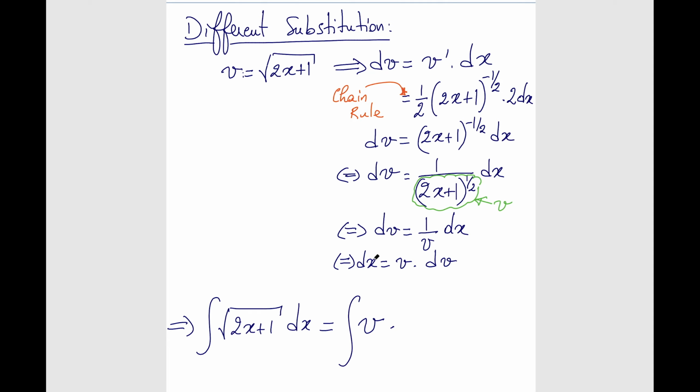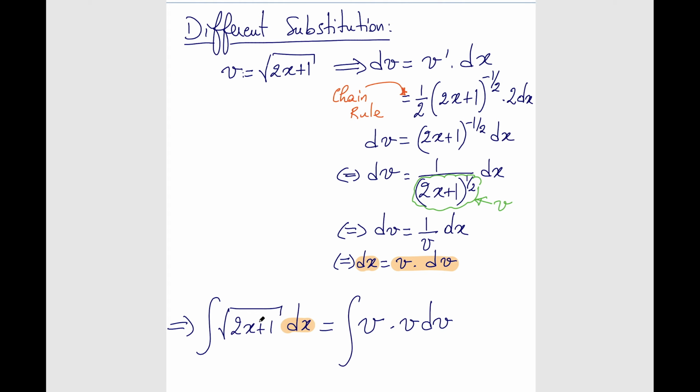So we are able to write dx in terms of v and its differential. Back down here, dx is that guy, which is v dv. So instead of dx, I can write v dv. Make sense? And you see now everything is in terms of v. No more x.